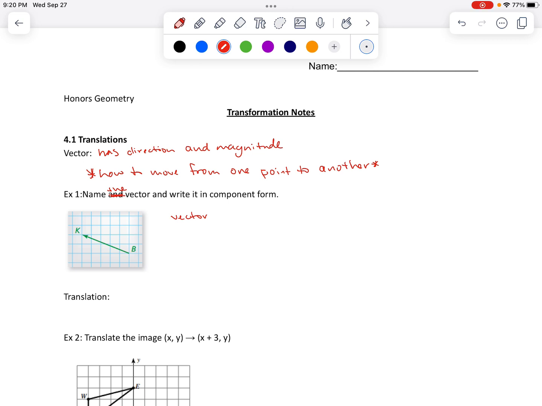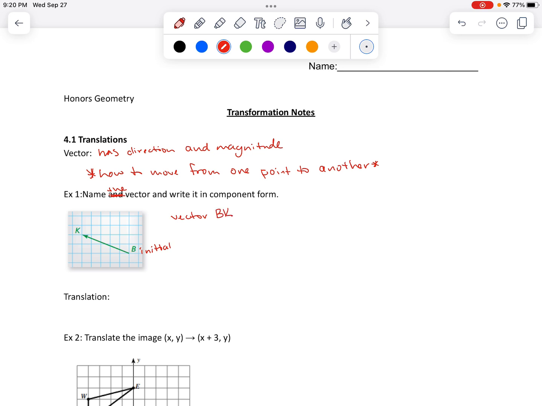B, since B is considered our initial. K is where we're going. Okay. With that, this is just like when we talked about rays. You need a direction that you're going, and the arrow is telling you where you're going. So you have vector BK.